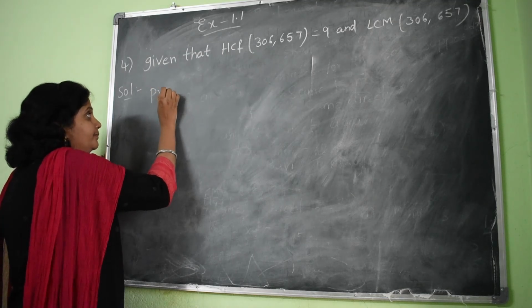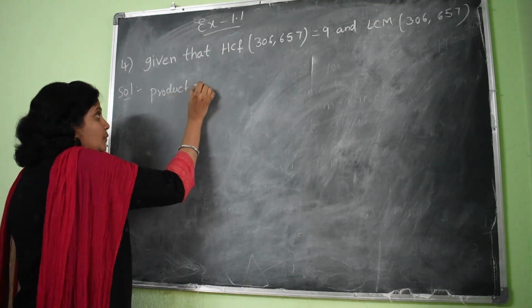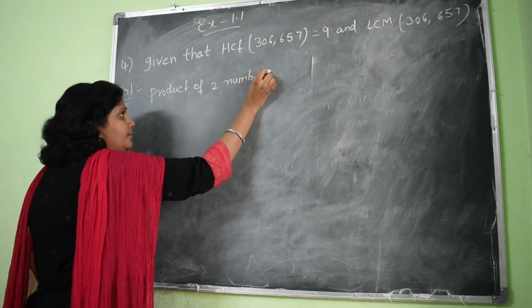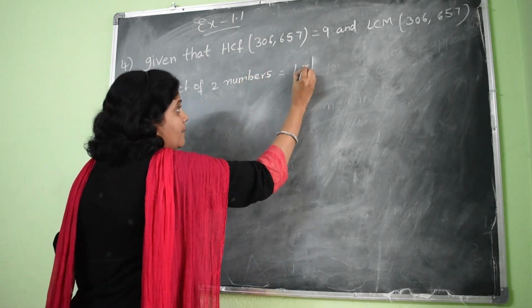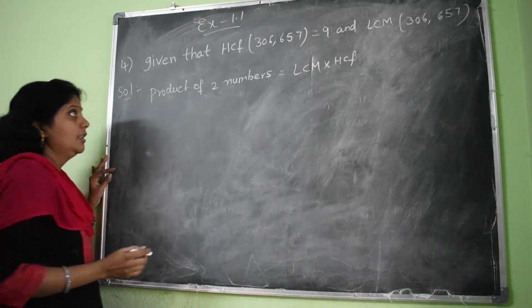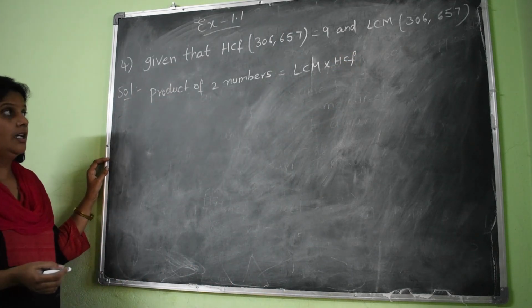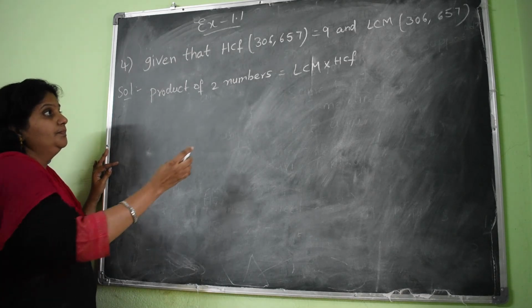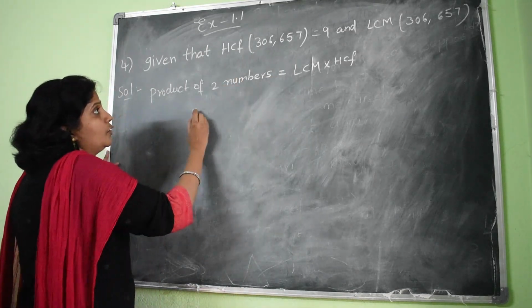Product of two numbers is equal to LCM into HCF. So product of two numbers is equal to LCM into HCF.